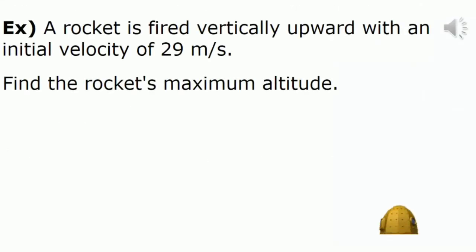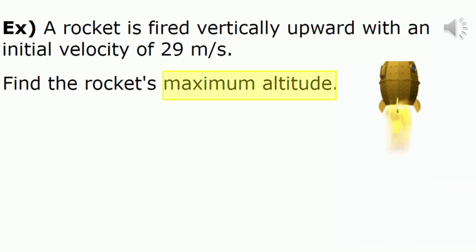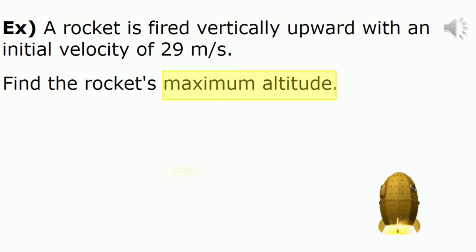Example 3. A rocket is fired vertically upward with an initial velocity of 29 meters per second. Find the rocket's maximum altitude. The last two problems we did involve an object dropped, but this one involves an object sent upward.